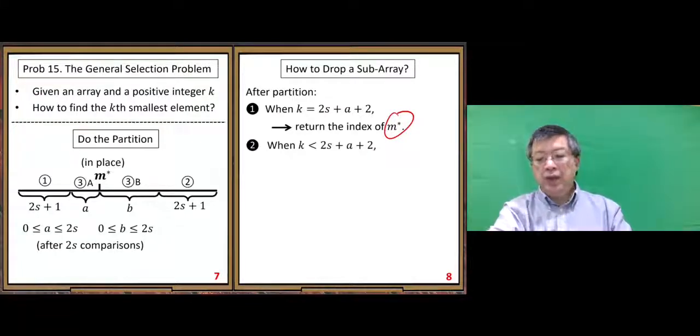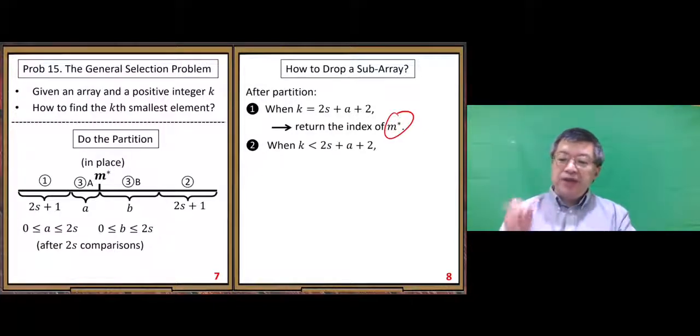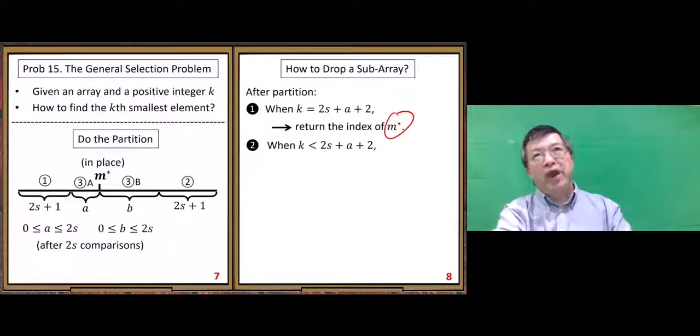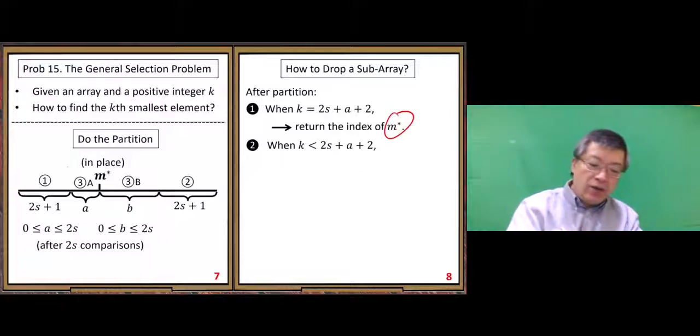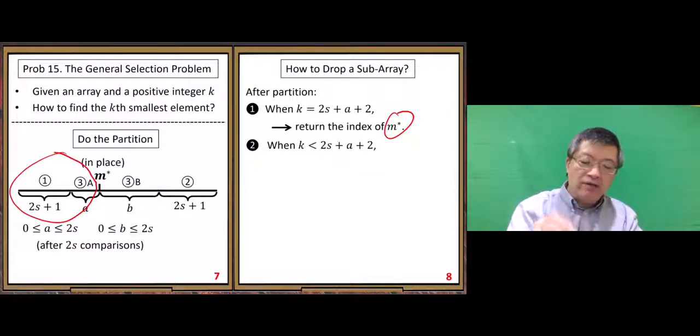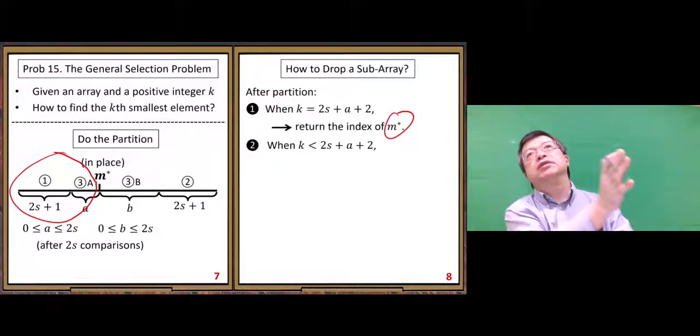Case 2, if k is less than 2S plus a plus 2, the rank is less than M star. That means the element to be searched for should be in the left subarray of M star.